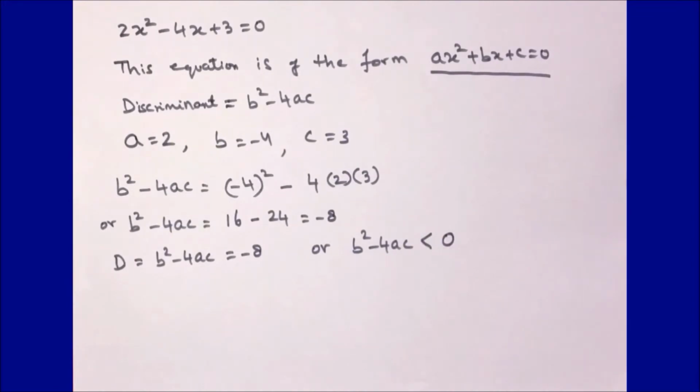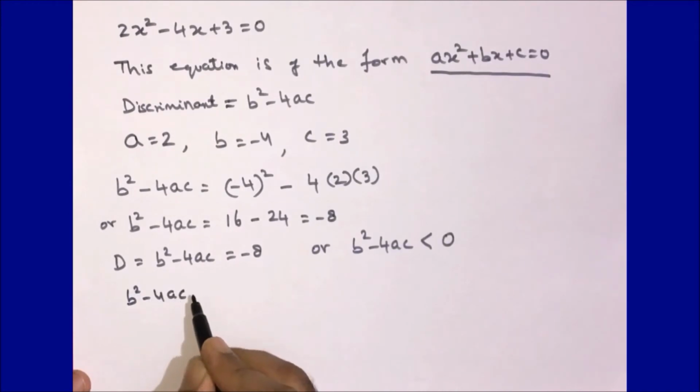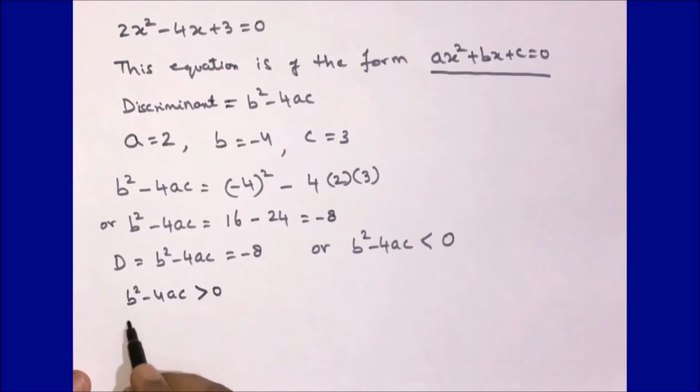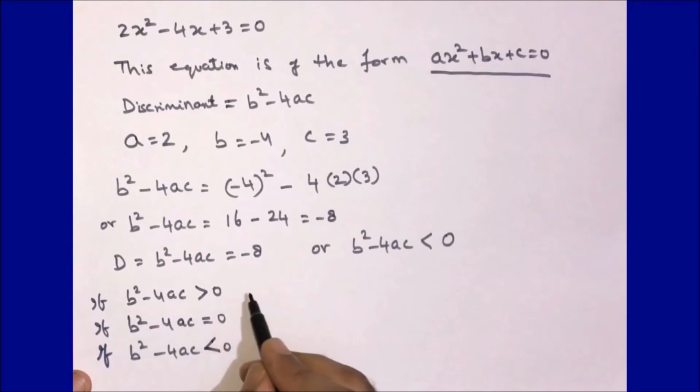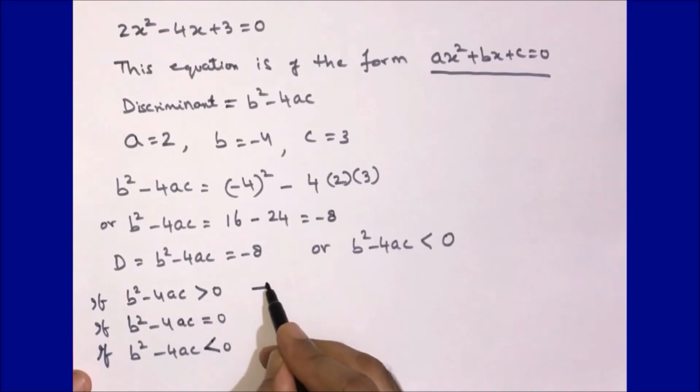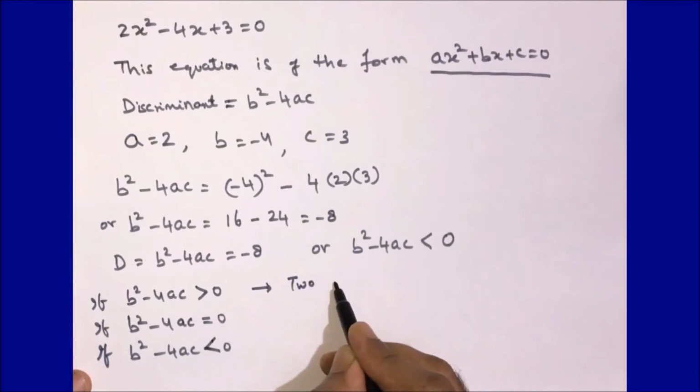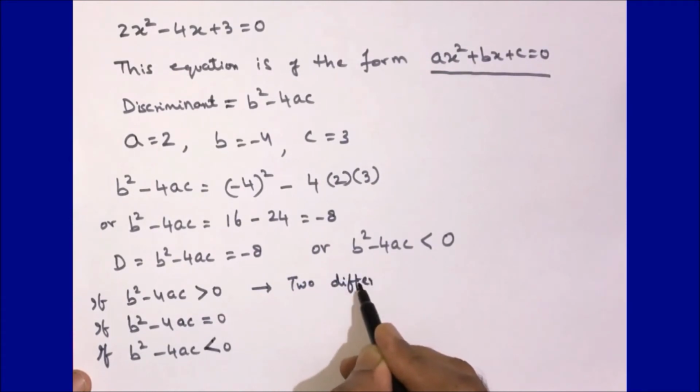We very well know that there are three conditions. Just to explain, I am writing them down: b^2 - 4ac is greater than 0, b^2 - 4ac is equal to 0, and b^2 - 4ac is less than 0. If b^2 - 4ac is greater than 0, then we will have two different values of x.